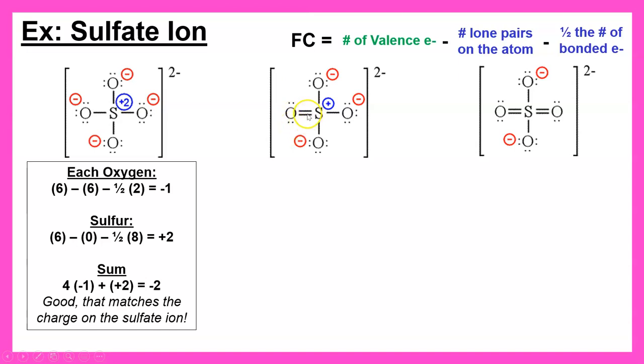And then there's a double bond. That's 4 electrons being shared, so oxygen gets 2 of them. So 6 minus 4 minus 2 ends up with a 0 formal charge. So 3 of my oxygens are a -1. This is a 0, and this is a +1.